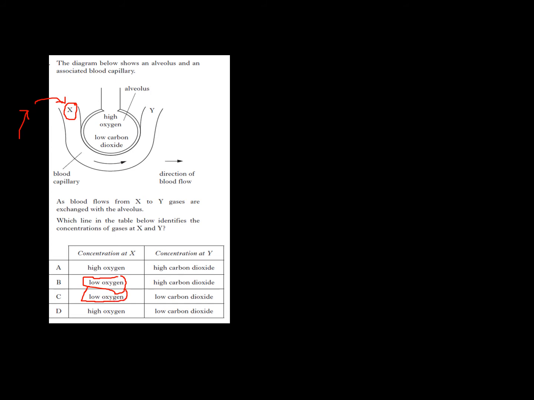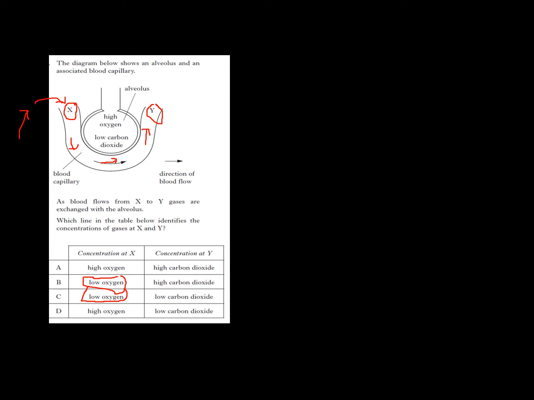Now to get the answer, we then need to figure out what Y is. The concentration at Y. So is it going to be a high carbon dioxide concentration or a low carbon dioxide concentration? So obviously this is going to go through and go to Y. So we're going to be losing carbon dioxide to the lungs.